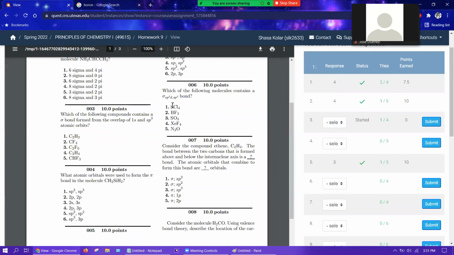So theoretically it could form an sp3d hybridized, but realistically it's never going to get anything over an sp2. So this boron is not going to be the right answer. This might be the right answer because it's xenon, it can form that. And like we said, the XeF5 had sp3d hybridized, but we can't be sure which one it's going to be without doing the problem.